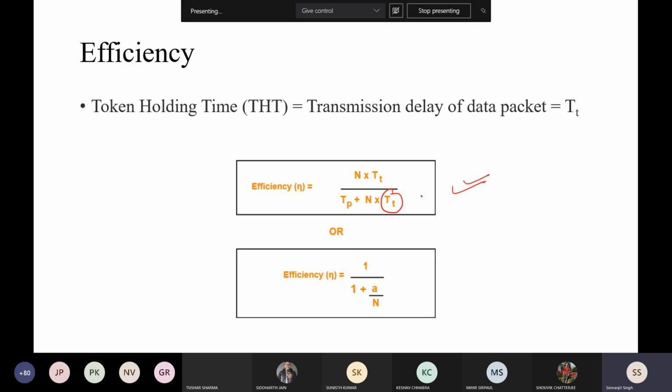The efficiency for ETR, and the efficiency for DTR was n into, suppose I'll write the formula here, 1 into 1 plus n plus 1 over a over n, something like this. The formula was something like this, with n here and a here.